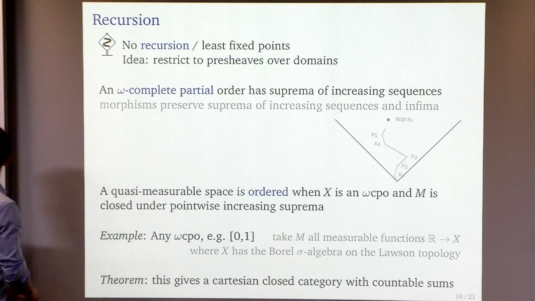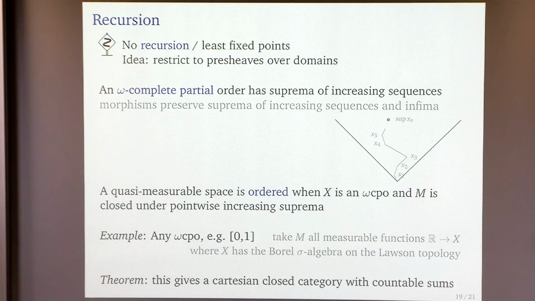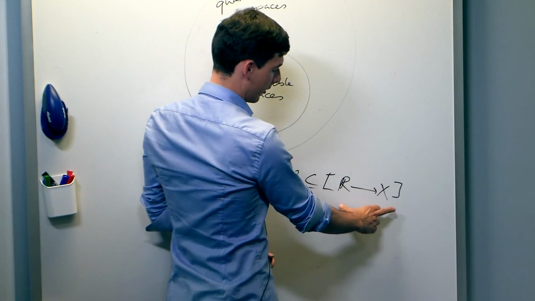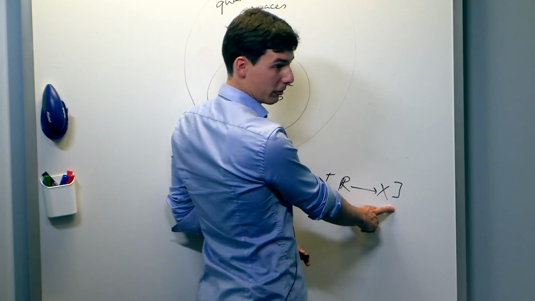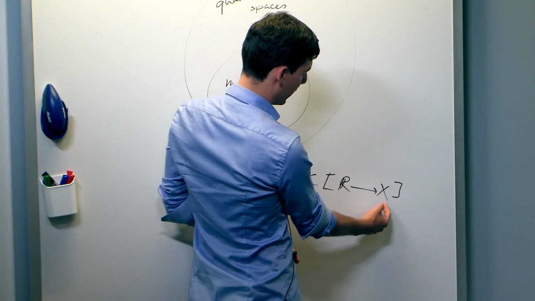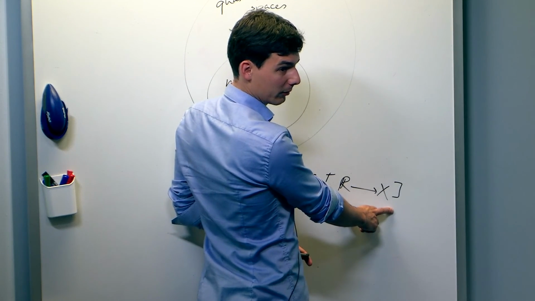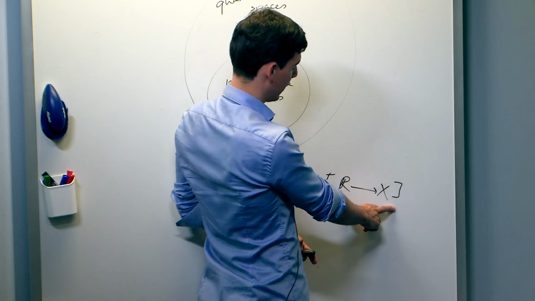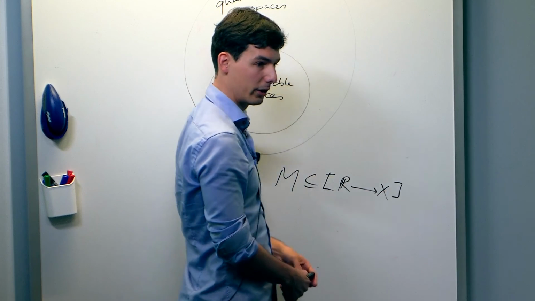So remember, M is inside all functions R to X. If X is partially ordered, then this set of functions is partially ordered pointwise. And if I can take suprema in X, then I can take suprema here pointwise. But that's not necessarily a measurable function again. I want M to be closed under that operation.